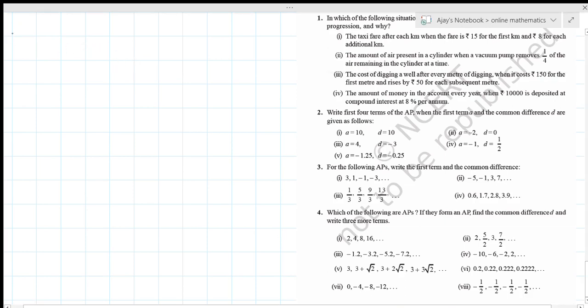The first question says 3, 1, minus 1, minus 3 and so on. In this, always remember the first term of the series will be the first term. So the first term is nothing but a, it's also a1, which is 3.